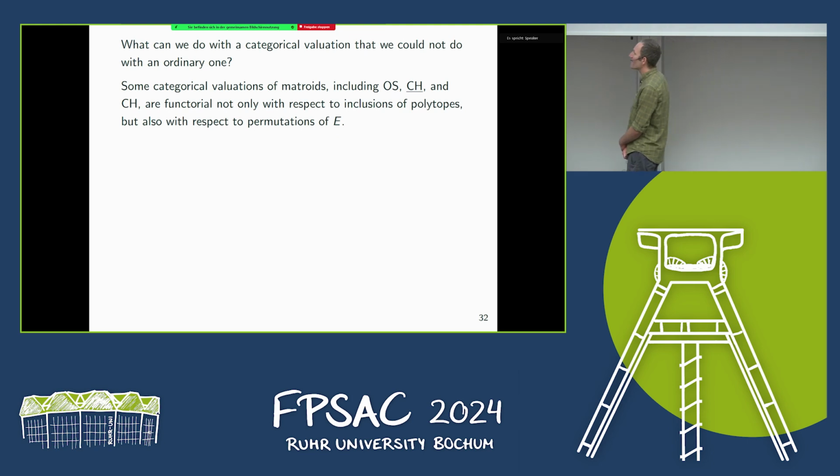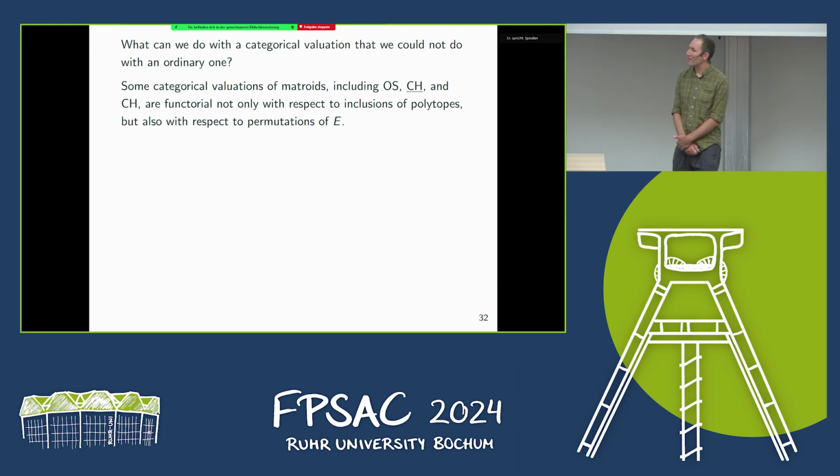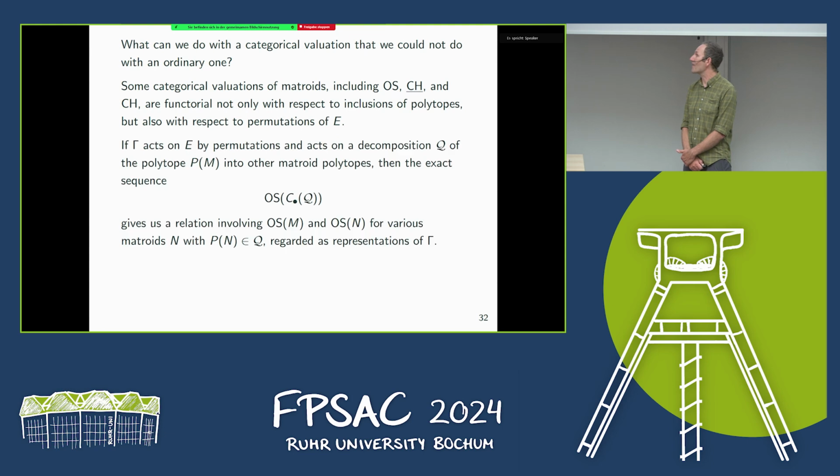So some categorical valuations of matroids, like the Ehrlich-Solomon algebra, the Chow ring and the augmented Chow ring, they're functorial not only with respect to inclusions of polytopes, but also with respect to permutations of the ground set.